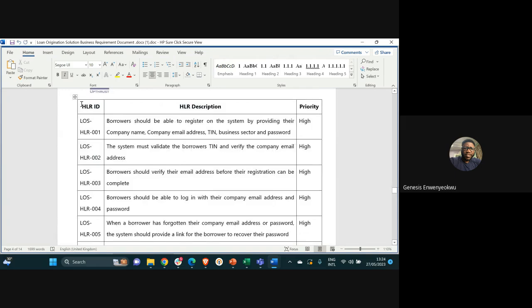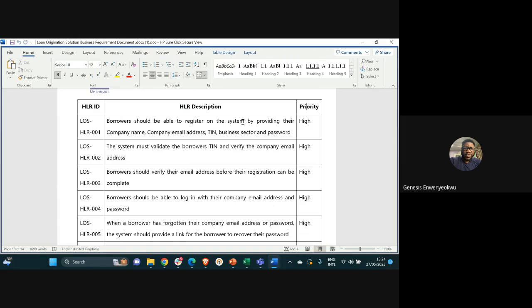So you have an ID. Also talk about priority as well. Your requirements are prioritized, so you have a priority column and you have a description column. So LOS HLR 001. You talk about the requirement: the borrower should be able to register on the system by providing this, and this.